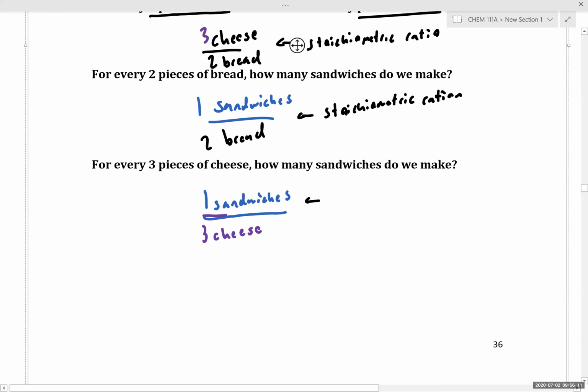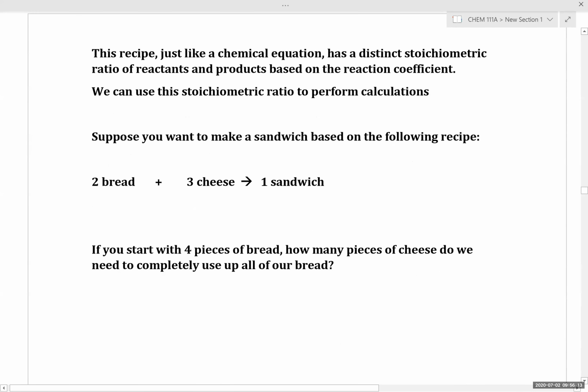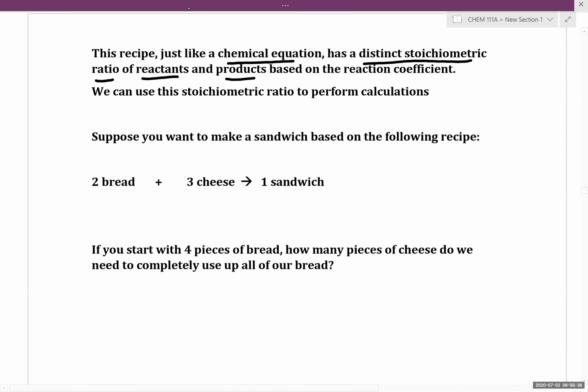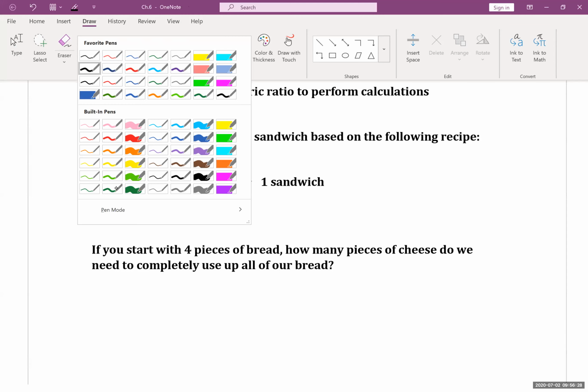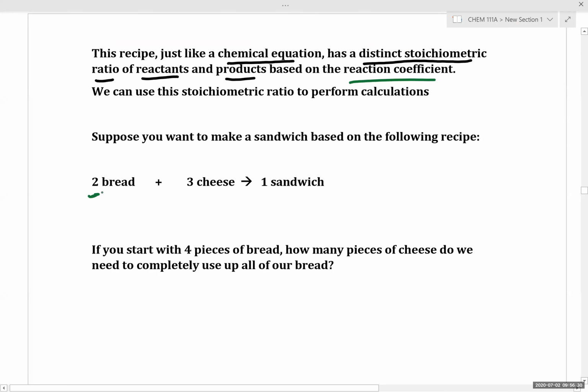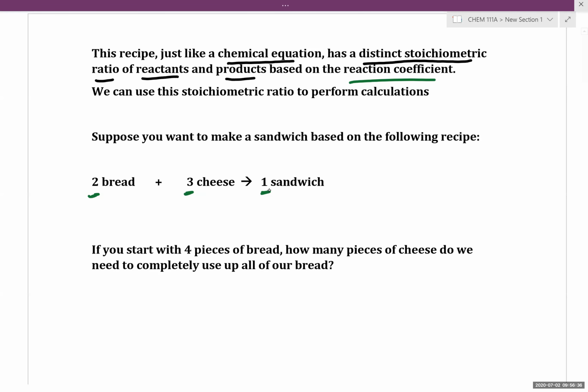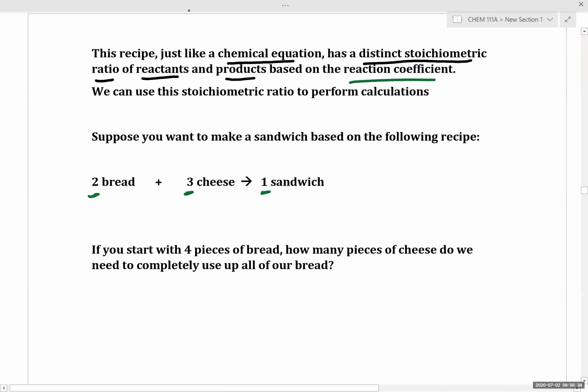Okay, so we can apply these ratios, and this recipe, critically, just like a chemical equation, has a distinct stoichiometric ratio of reactants and products based on the reaction coefficient. So these numbers in front of each of our reactants and products are really critical. And we can use this stoichiometric ratio to perform calculations.